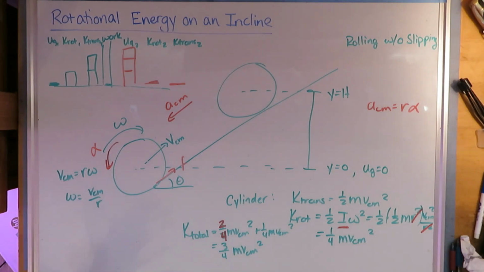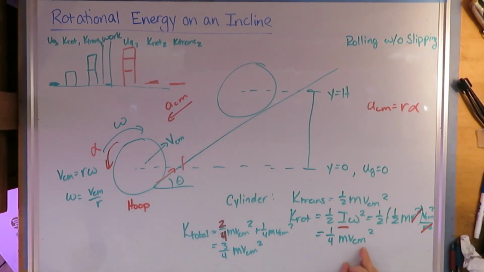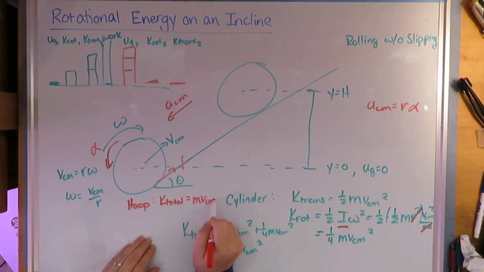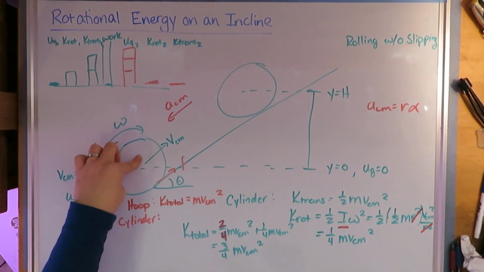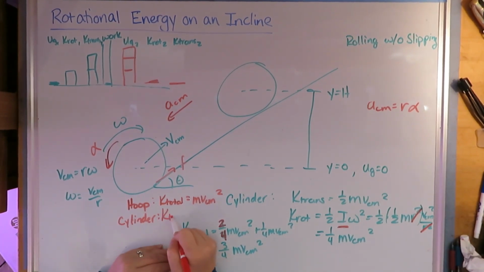So at this point right here, the hoop would have K total equal to just m VCM squared. But my cylinder, even though the velocity of its center of mass is the same, and it would have the same mass and same radius, its K total is only equal to 3/4 m VCM squared.